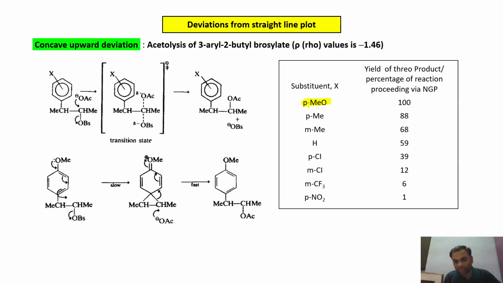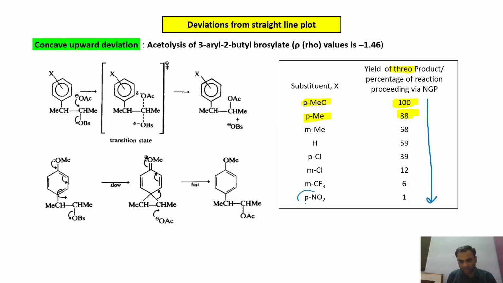When the para-methoxy group is there, we have 100% threo product from the threo reactant. When the para-methyl group is there, we have 88% threo product from the threo reactant, while 12% of molecules show the SN2 mechanism. In this way, as we go from a strong electron donating group to a strong electron withdrawing group, the percent of NGP mechanism decreases and the percent of SN2 mechanism increases.